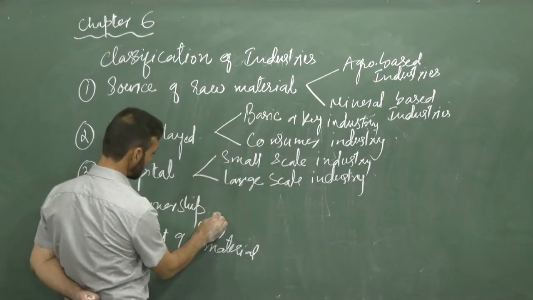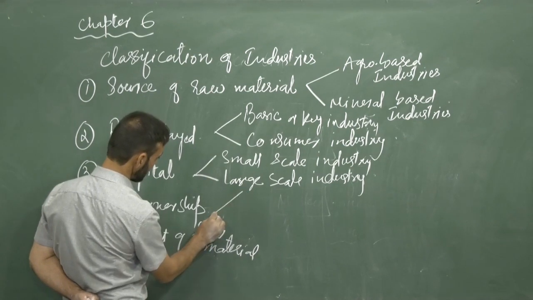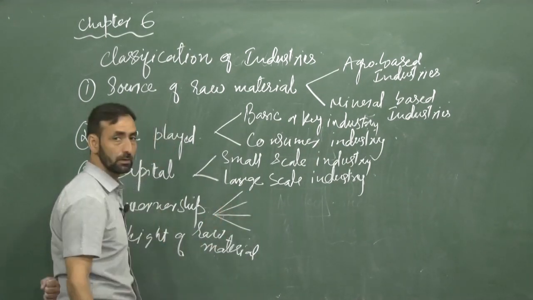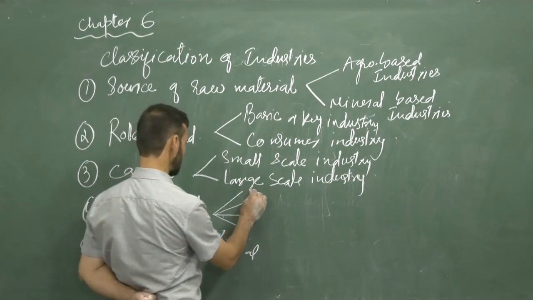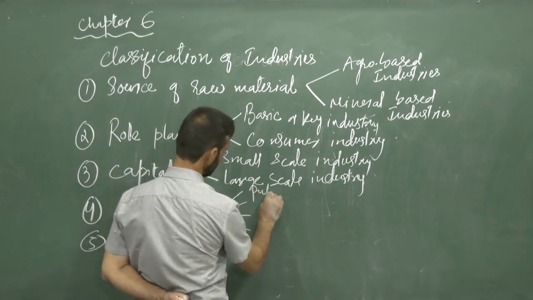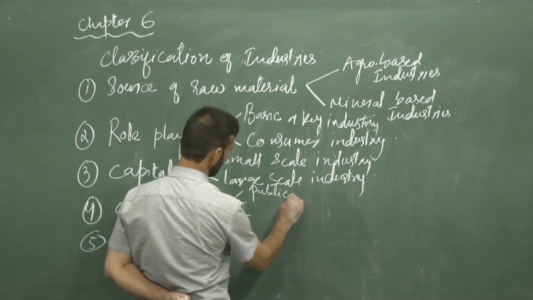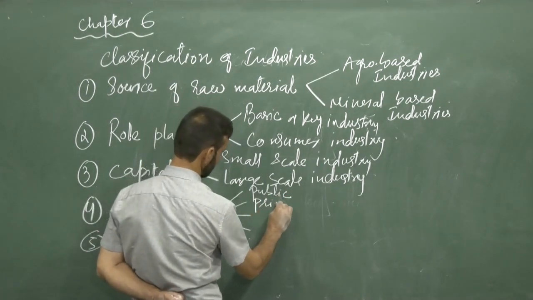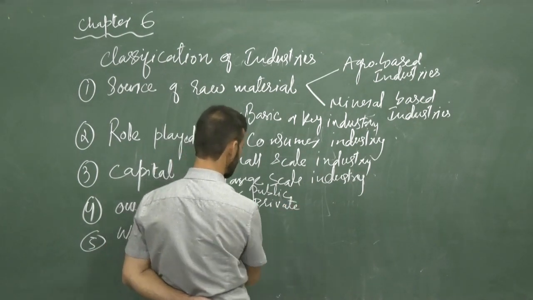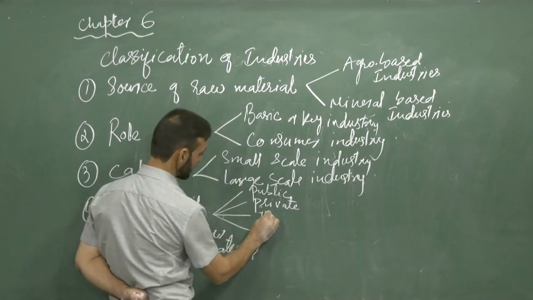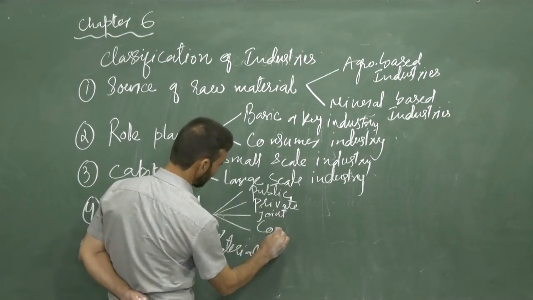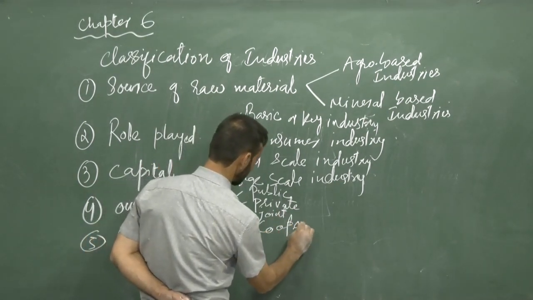Fourth one is on the basis of ownership. Industries have been classified into four types. Number one is public sector industries, private sector industries, joint sector industries, and last one is cooperative sector industries.